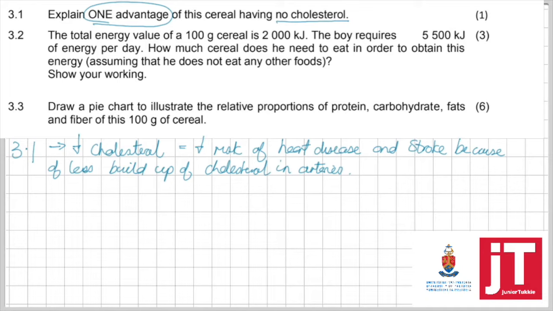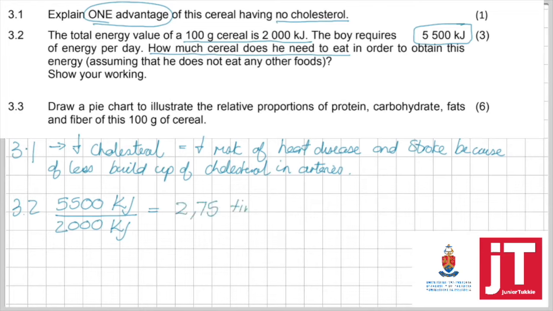This is actually a pretty straightforward question. We're looking at the energy requirement, 5,500 kilojoules, and if we get 2,000 kilojoules per serving of this cereal, we would need to take in 2,75 bowls, or 2,75 servings, to achieve the 5,500 kilojoules.